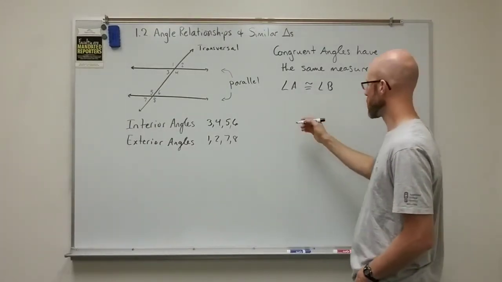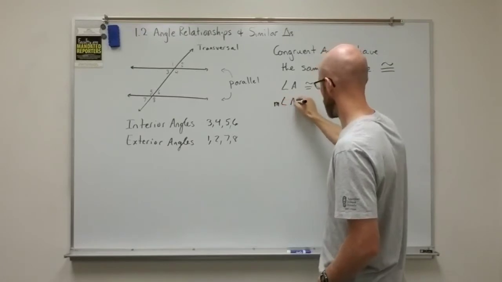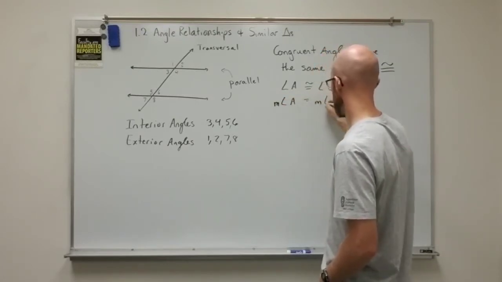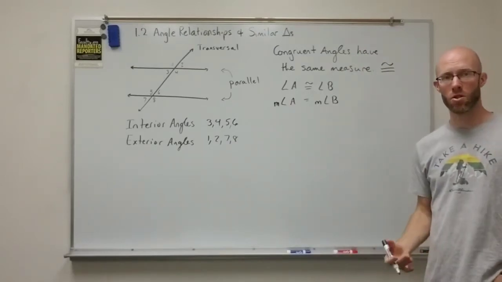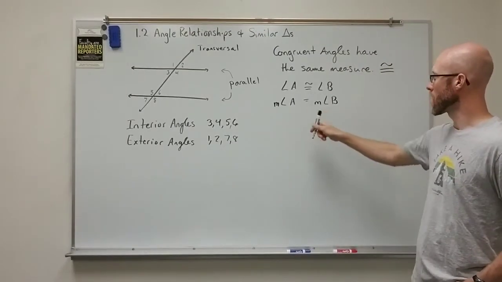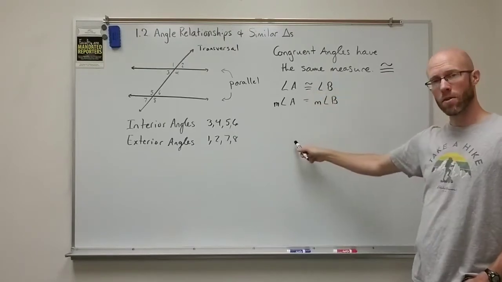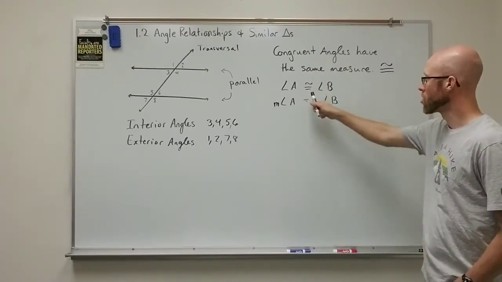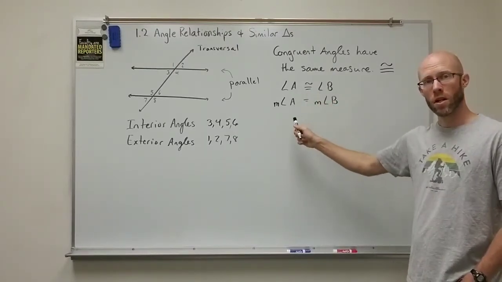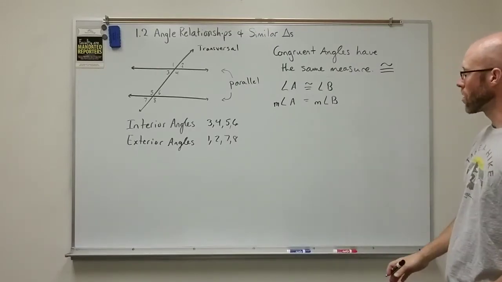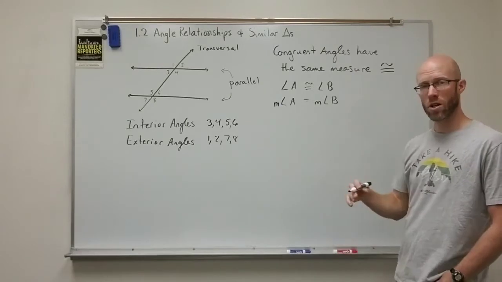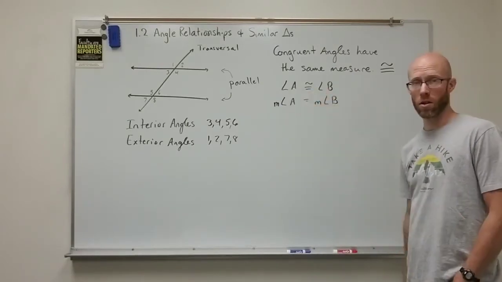And so we would say the measure of angle A is equal to the measure of angle B. And that's what that M means, the measure. So this is just notation. These two statements are essentially interchangeable. Two angles are congruent, meaning their measures are equal.